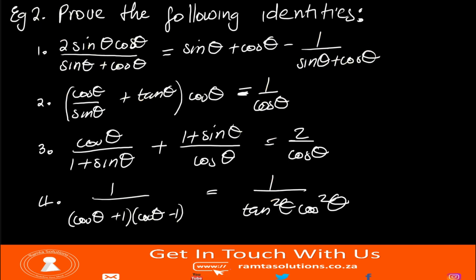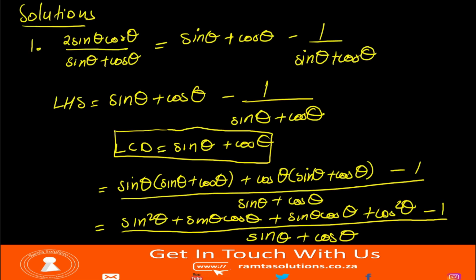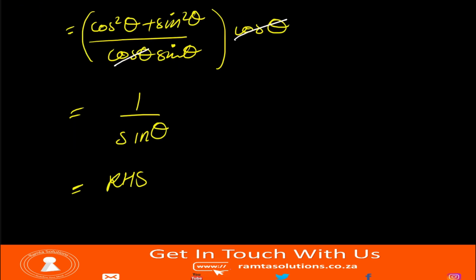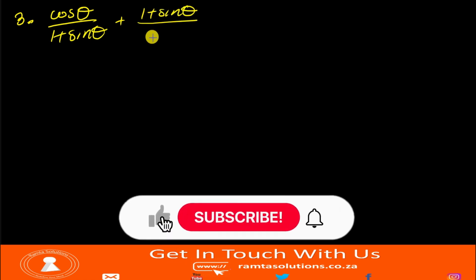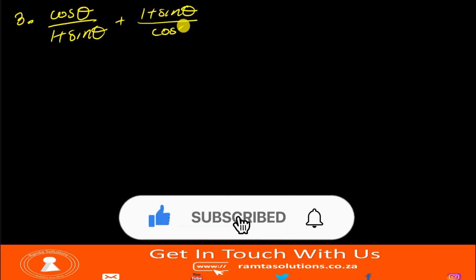Now, let's then head to number 3. This is interesting. Number 3. So with number 3, we had cos theta over 1 plus sine theta plus 1 plus sine theta over cos theta, which is equal to 2 over cos theta.